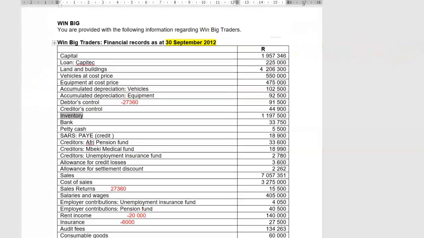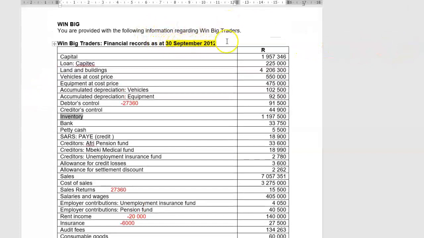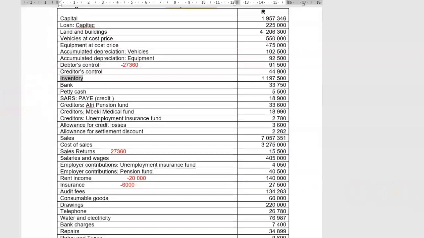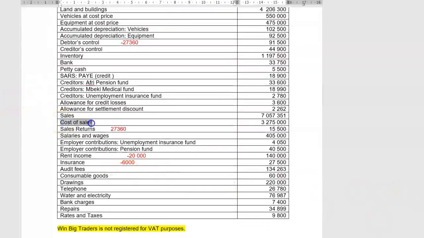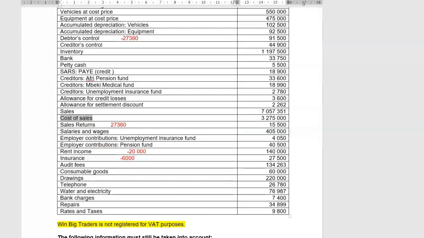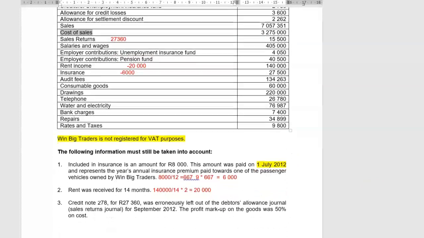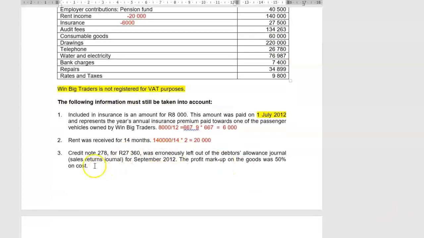And because they don't tell me anything, it is the balance as in the heading indicated as at 30 September 2012. Also, do you see here, I have a cost of sales. I don't have purchases, I have cost of sales. Also an indication that we are actually working with a perpetual inventory system.